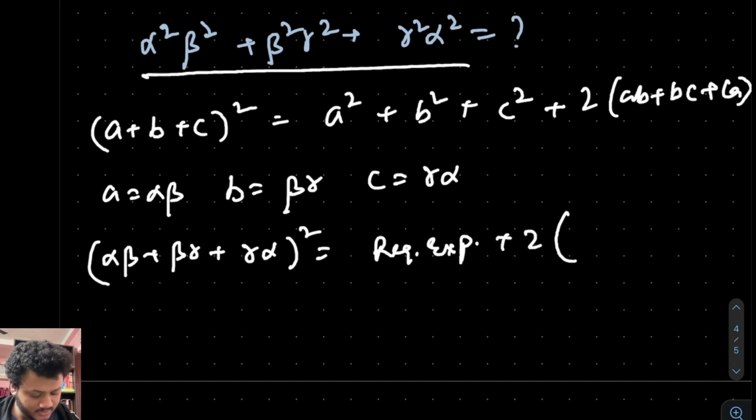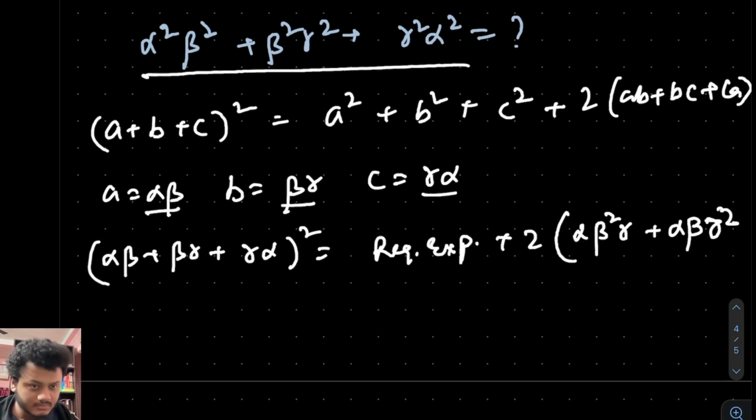So what will it be? This is alpha beta squared gamma. bc, what will be this? Alpha beta gamma squared, okay, plus ca. So what will be alpha squared beta gamma.